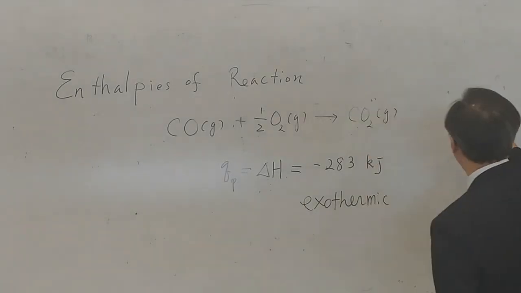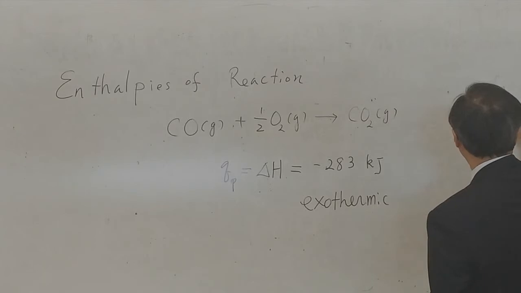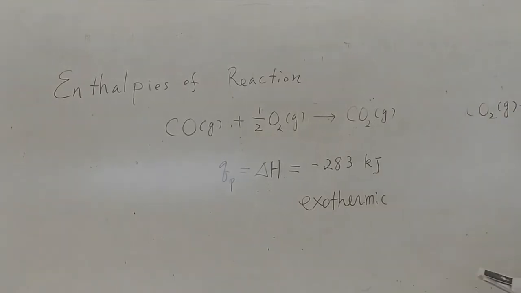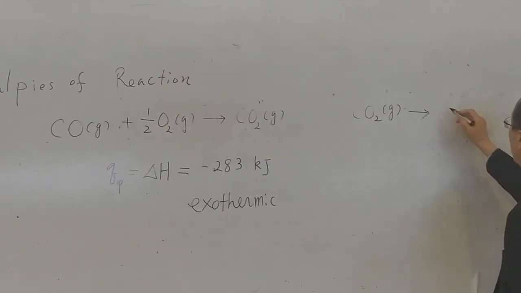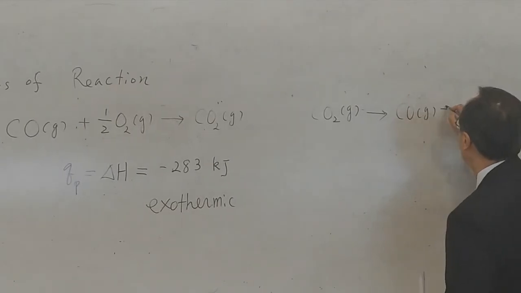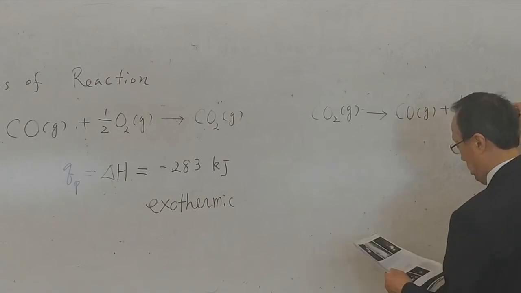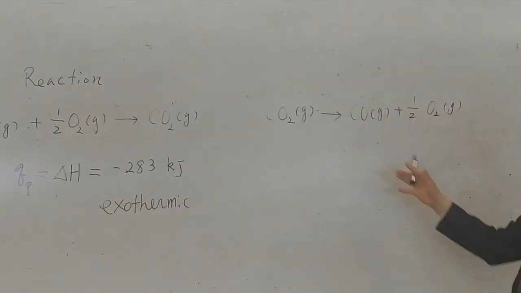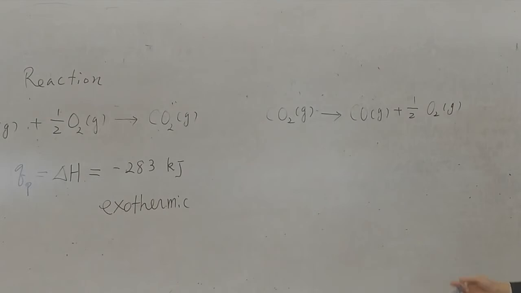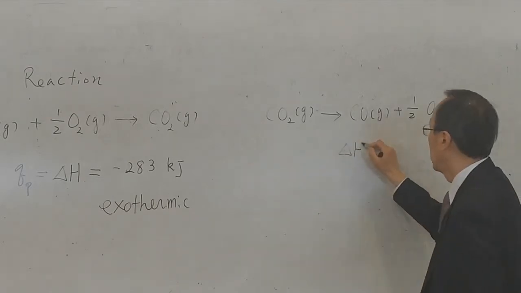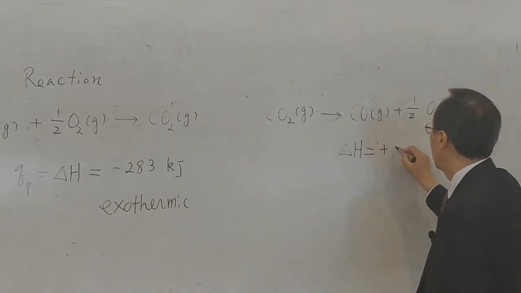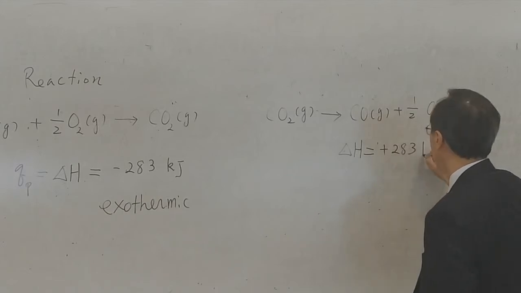The other way, CO2 gas to CO plus 1/2 O2. So the direction of the chemical reaction is reversed. In this case, delta H equal plus 283 kilojoules.